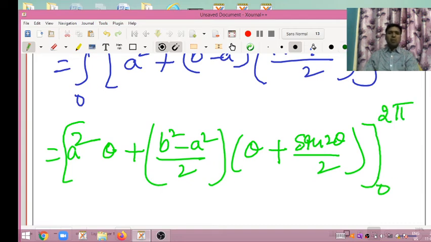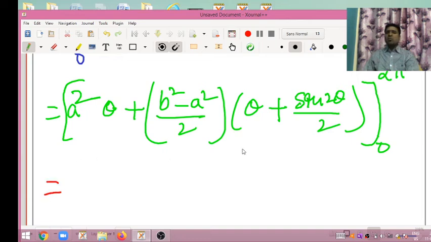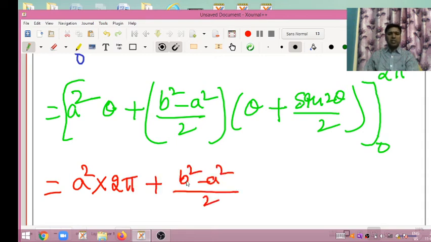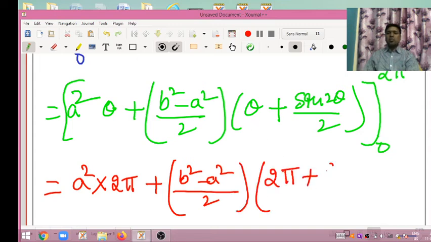By applying the upper limit to all terms, what will come? A square into upper limit 2 pi, plus b square minus a square by 2 as constant, right as it is. Where theta is there, we apply the limit. Already 2 is there, 2 into theta, so theta value 2 pi, 2 into 2 pi, 4 pi by 2.